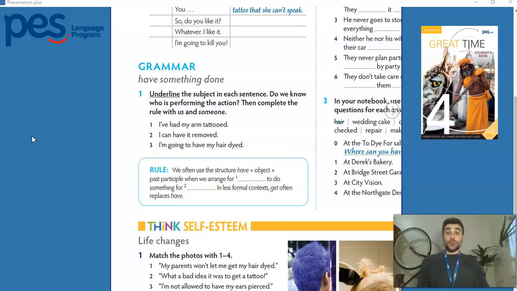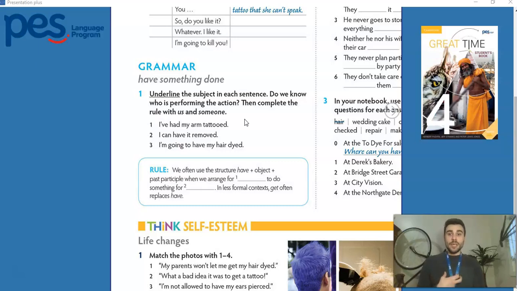So, guys, could you find this subject of the sentence and imagine who is performing the action? Let's check it together now. So, in sentence number 1, again, we have, I've had my arm tattooed. Good. So, who is the subject of the sentence? The subject is I. This is the subject. But here, who is performing the action?